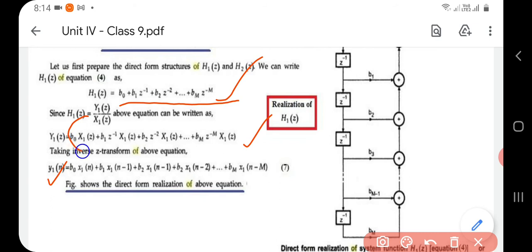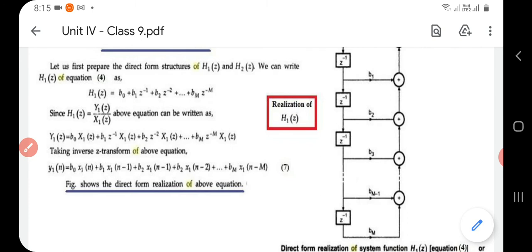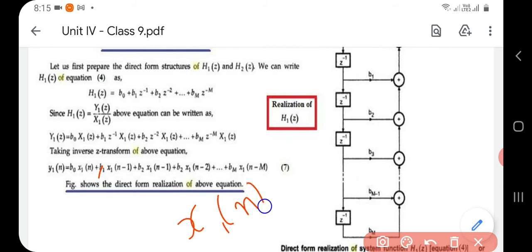What is the inverse Z transform of the first term? b0 is kept as such, and the inverse Z transform of X1(z) is x1(n). Now consider the second term, b1 z raised to minus 1 X1(z). b1 is kept as such. The inverse Z transform of X1(z) is x1(n), but in this case you have a delay element z raised to minus 1.